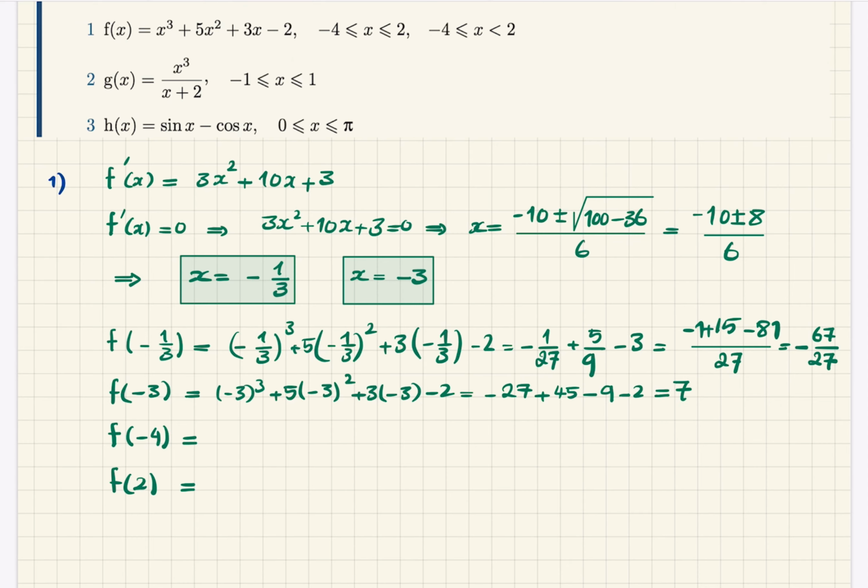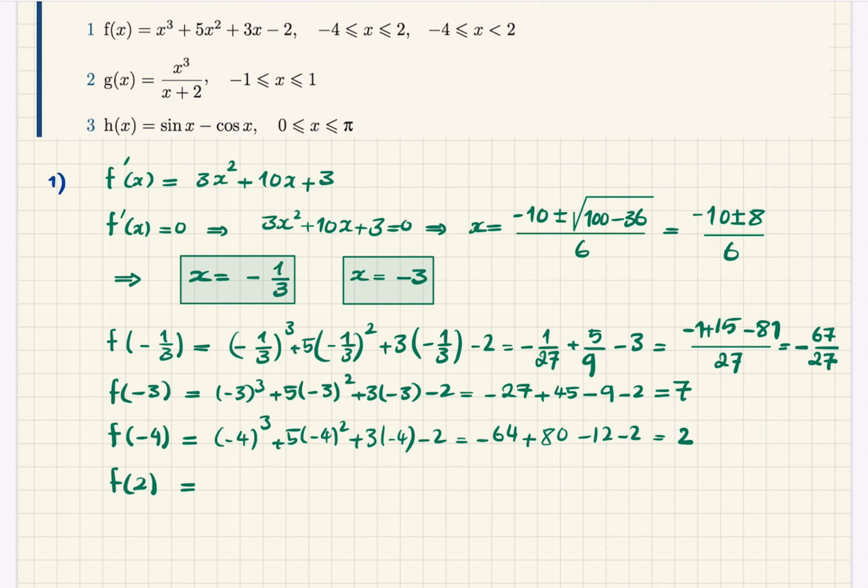And you also calculate this, it becomes minus 4 to the power 3 plus 5 times minus 4 to the power 2 plus 3 times minus 4 minus 2. Minus 64, that is 80, and that's minus 12 minus 2. So how much is that? It's positive 2.